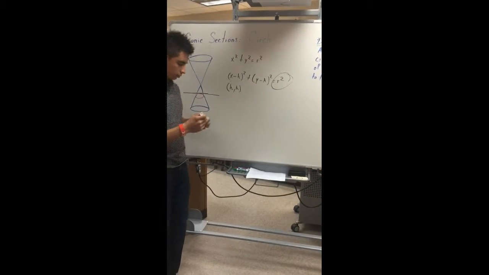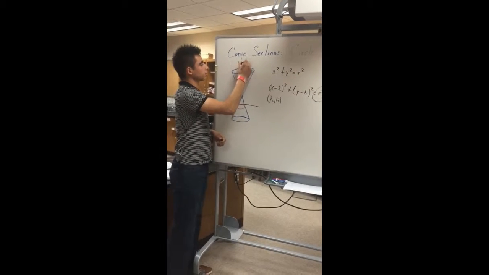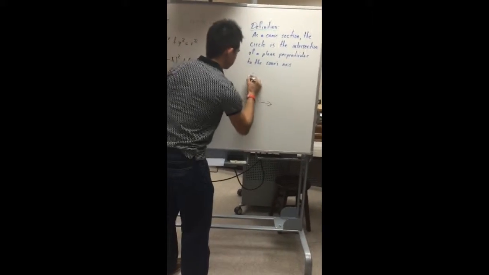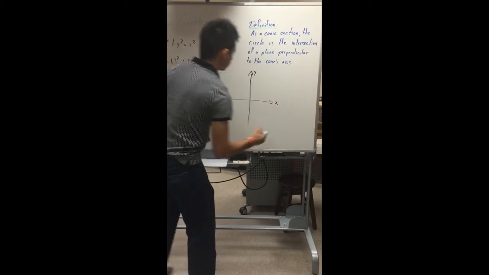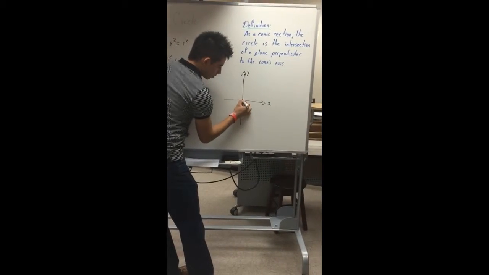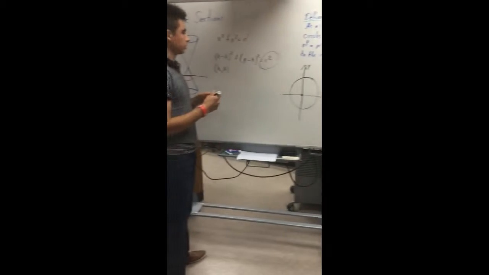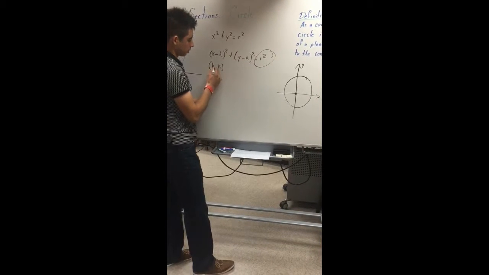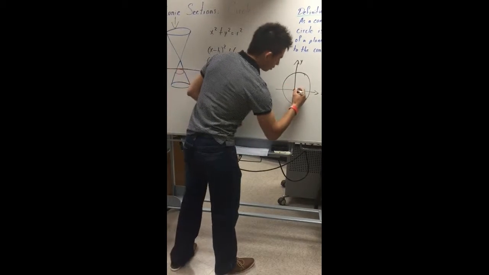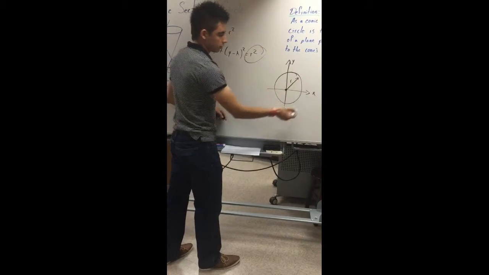If we put it on a graph, let's say the center is at the origin, and we have a circle. For example, the center is right here, and r will tell us how far to go. That will give you the distance of the circle.